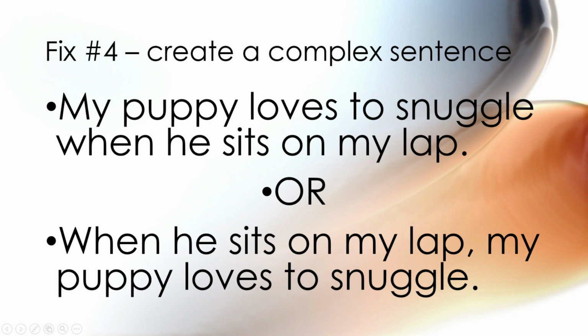However, if for stylistic reasons I want to vary my sentence structure a little bit and put when he sits on my lap first in the sentence, please notice that I do need to insert a comma, because in a complex sentence, when the dependent clause comes first, there needs to be a comma between the dependent clause and the independent clause.